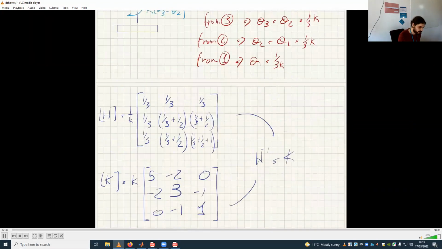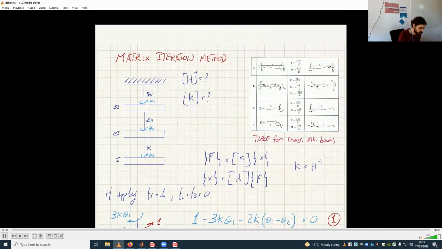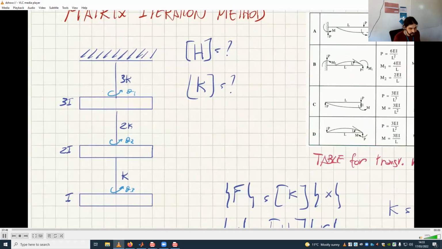The better choice is to either look at the stiffnesses or look at the masses. If you look at the stiffness, this is stiffer, so this mass will move less. This is less stiff, this mass will move a bit more. And this is even less stiff, this mass will move a bit more. If you look at the inertias, they also give you the same story. This is 3I, so it's more massive.